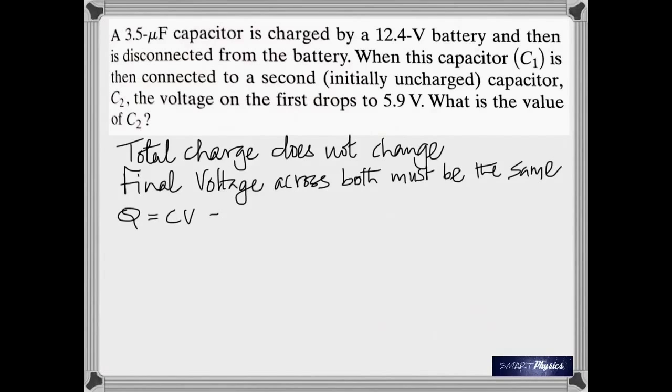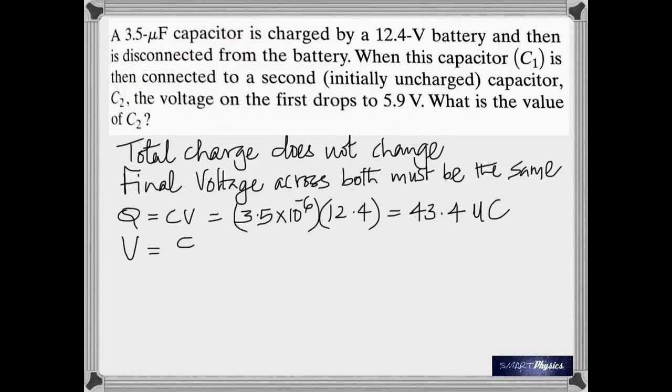And to find the charge on the first capacitor, just multiply its capacitance with the voltage. That gives 43.4 microcoulombs, and then find the common voltage between the two. Remember that we are adding these two capacitances because they are in parallel.